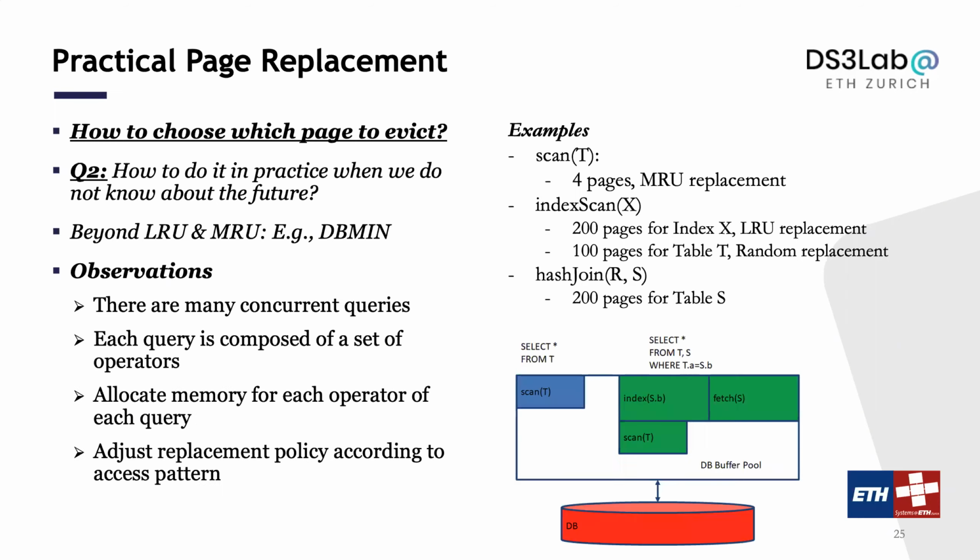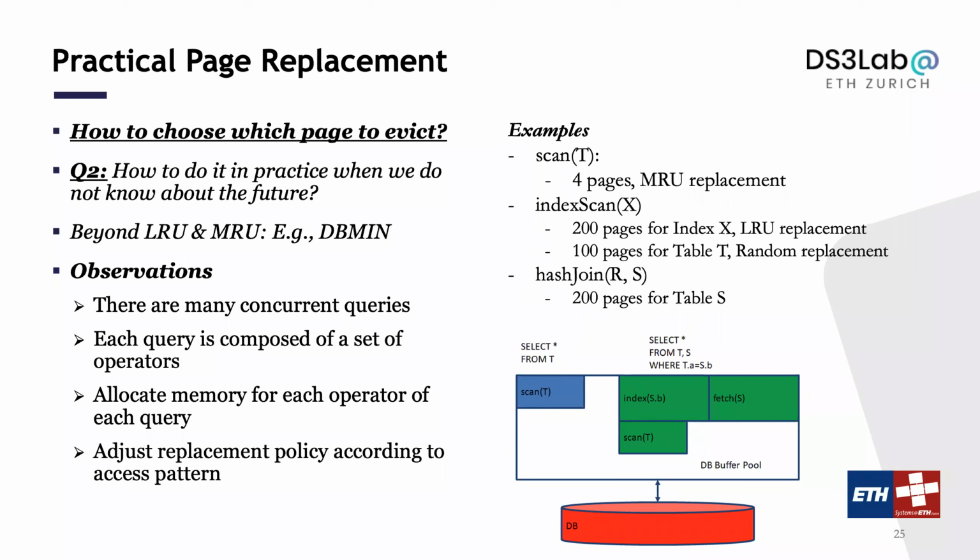So the key idea is potentially, I could allocate for each query its own memory space. And then within each memory space, I can adjust the replacement strategy according to the access pattern of that query, right? So essentially, when, for example, you have a scan access pattern, you have index scan, some hash join, you can allocate them in different spaces in my buffer to make sure they do not pollute each other, right?